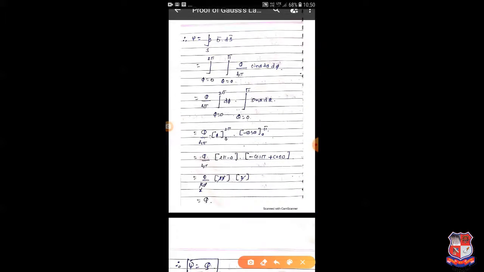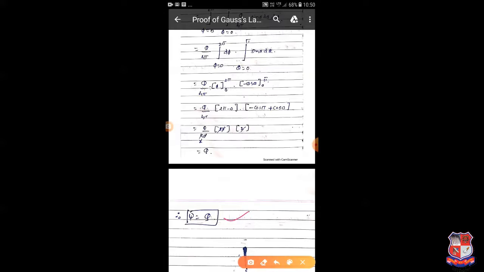So Q over 4 pi, 2 pi minus 0, into minus cos pi plus cos 0. The value of cos pi is minus 1 and the value of cos 0 is 1, so 1 plus 1 is 2. This cancels and at the end you get the answer Q. So psi is equal to Q.